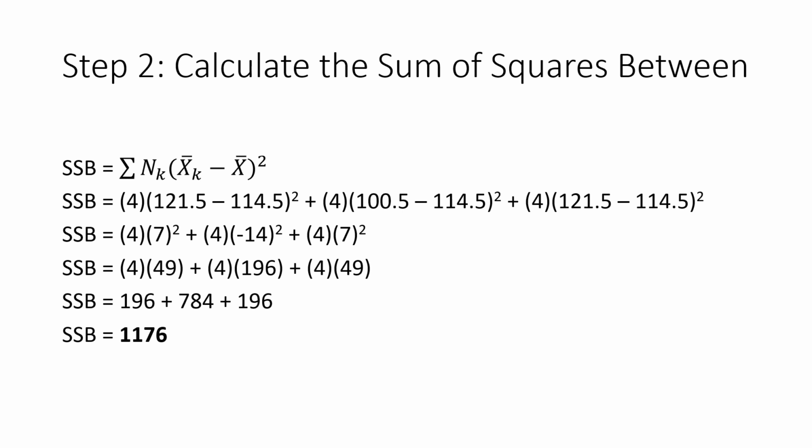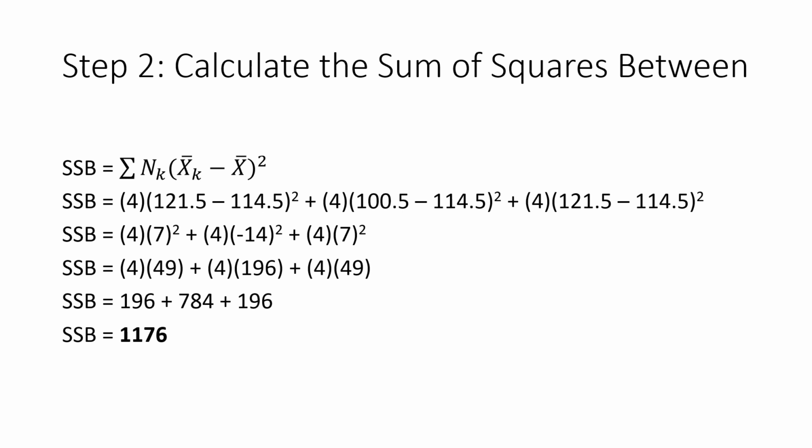Okay, the next step is to calculate what we call the sum of squares between. You can see the equation at the top there: SSB, sum of squares between, equals the sum of n sub k, which is the number of cases within each category. That would be 4, because there are 4 individuals that have a preference for classical, 4 have a preference for rock, and 4 have a preference for techno.